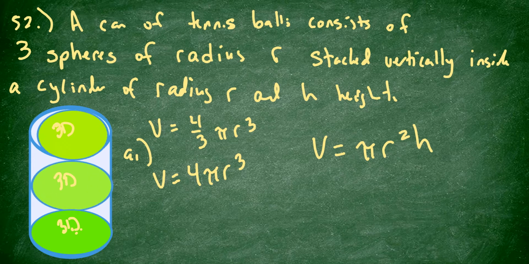I just didn't do a very great job drawing it. Now, that means that this radius is the same as this radius, even though it doesn't look like it. And the height is going to be 3 diameters or 6 r's. So for part C, h is equal to 6r.